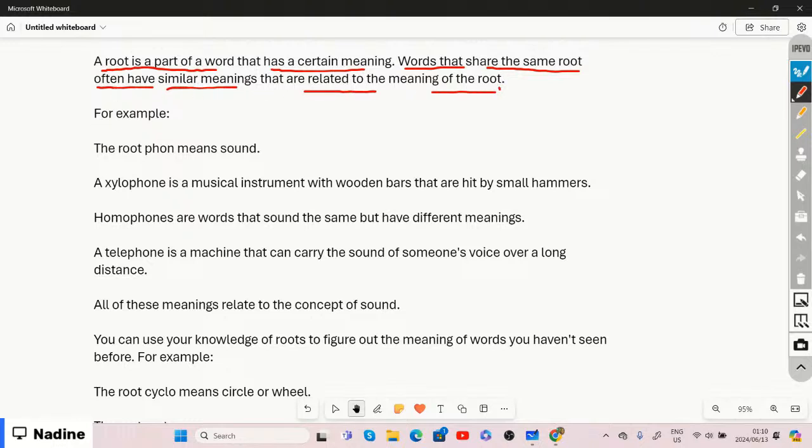The root has its own meaning, and whatever words or letters are added to it, the meanings will be similar to one another.